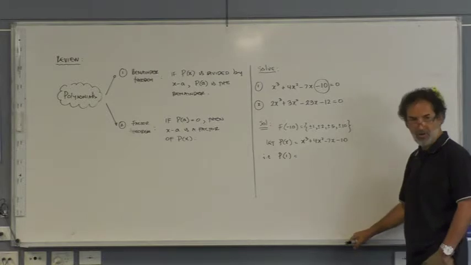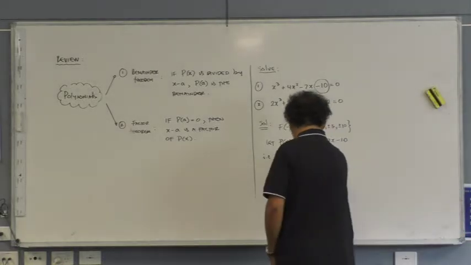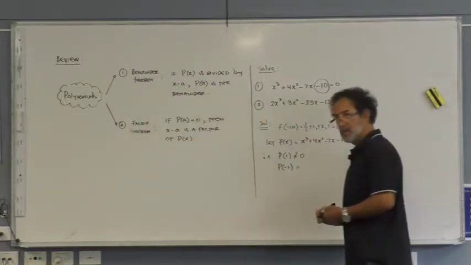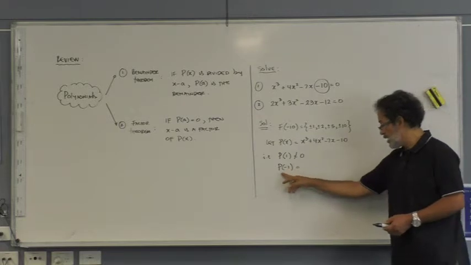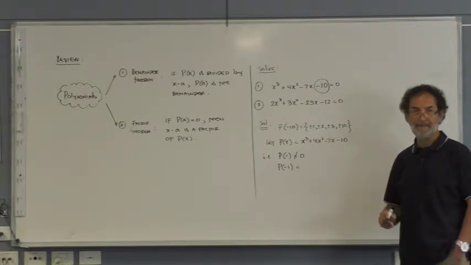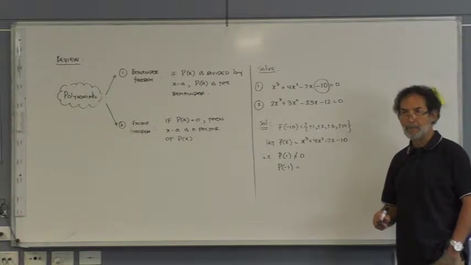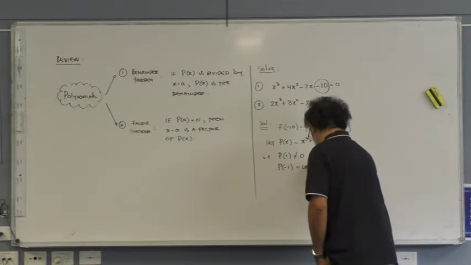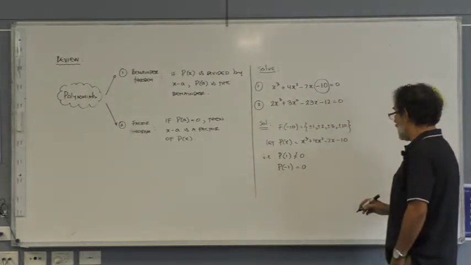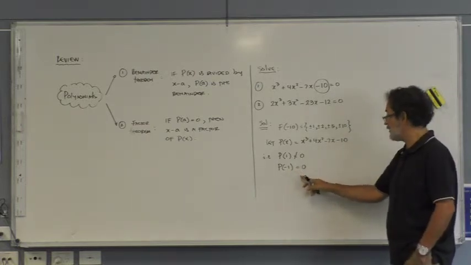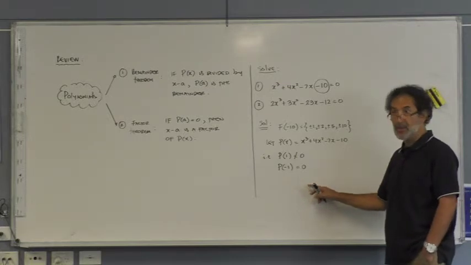So it's not equal to 0. And then can you please check -1? I want to check p at -1 and see what happens. Okay, so that is good news, because p at -1 is equal to 0, then we know that x plus 1 is a factor.